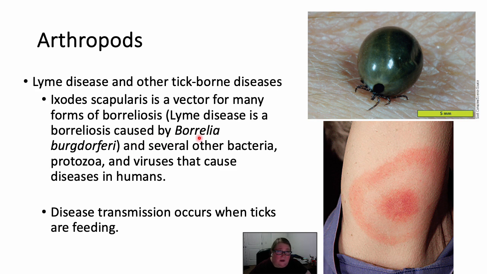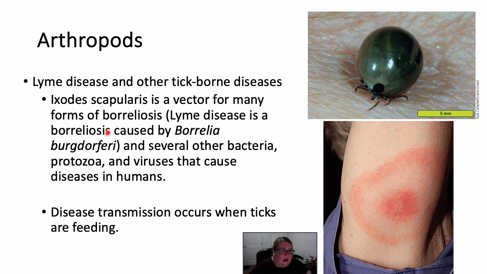They can transfer other types of bacteria, but they can also transfer protozoa and viruses that cause diseases in humans. The tick, Ixodes scapularis, is going to take a blood meal from an infected deer, jump off, and be picked up by a human, where it's going to take another blood meal and release some of the Borrelia burgdorferi bacteria into the bloodstream and allow it to grow there.